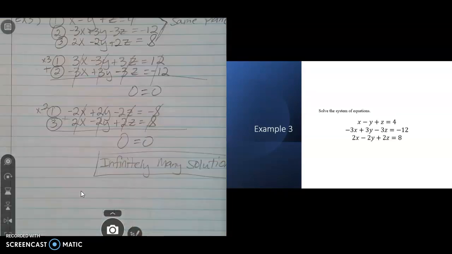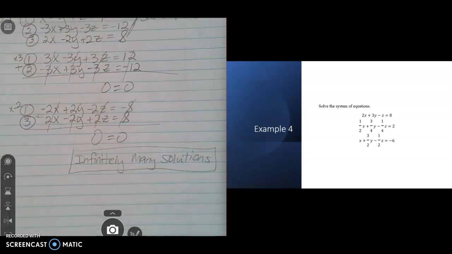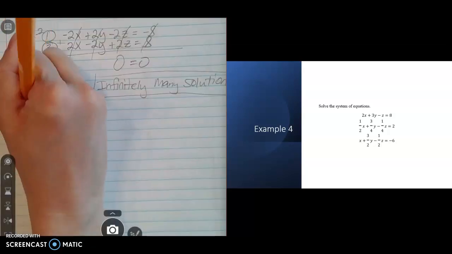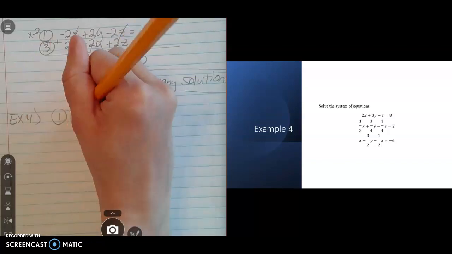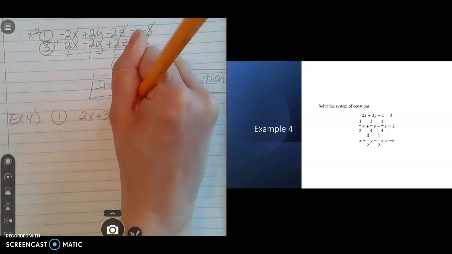All right, let's try another one. In example 4, I have a mess of fractions, which I'm sure we're going to want to clear out a little bit at the beginning. Let's see. My first equation looks pretty nice. It's 2x plus 3y minus z equals 8.